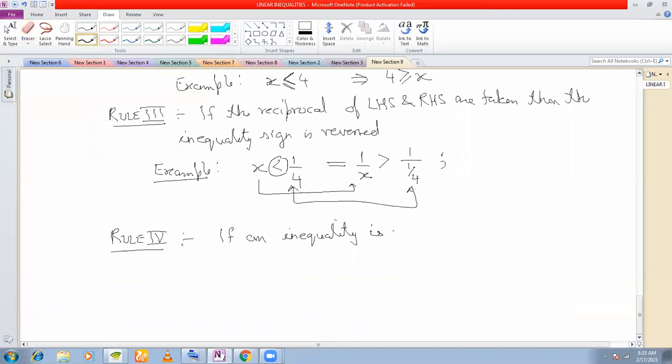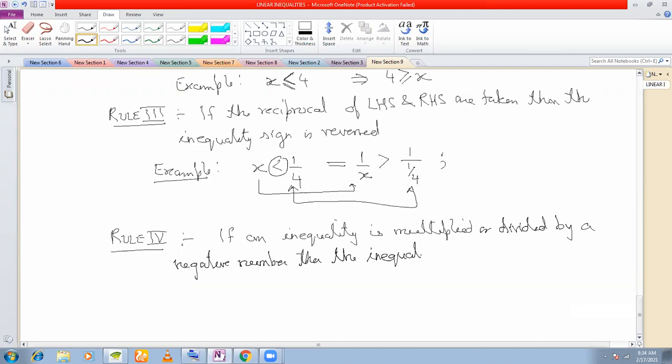Okay. So let us now proceed to the next rule, a very important rule: if an inequality is multiplied on both sides by a negative number, or divided, not only multiplied but divided also, by a negative number, then the inequality sign is reversed.